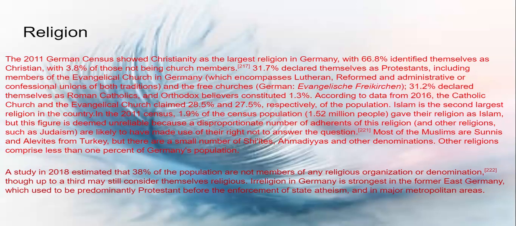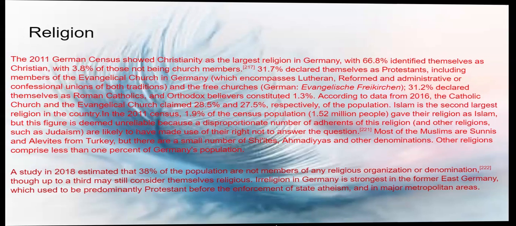Though up to a third may still consider themselves religious, religion in Germany is strongest in the former Eastern Germany, which used to be predominantly Protestant before the influence of statism, and in the major metropolitan areas.